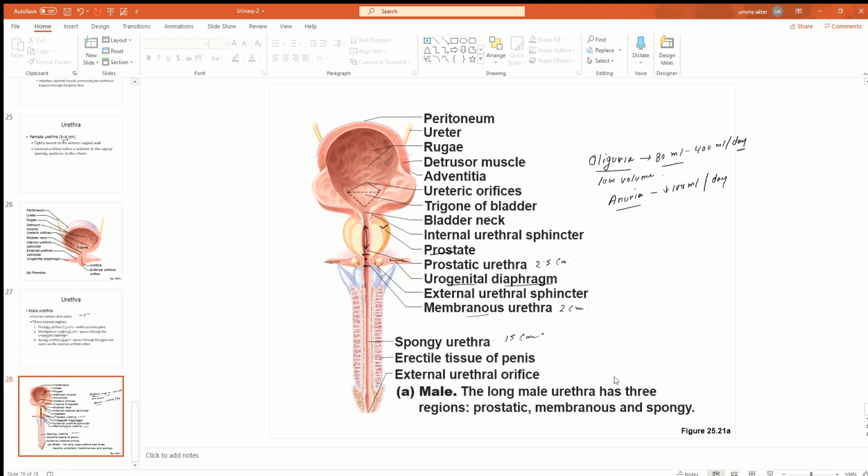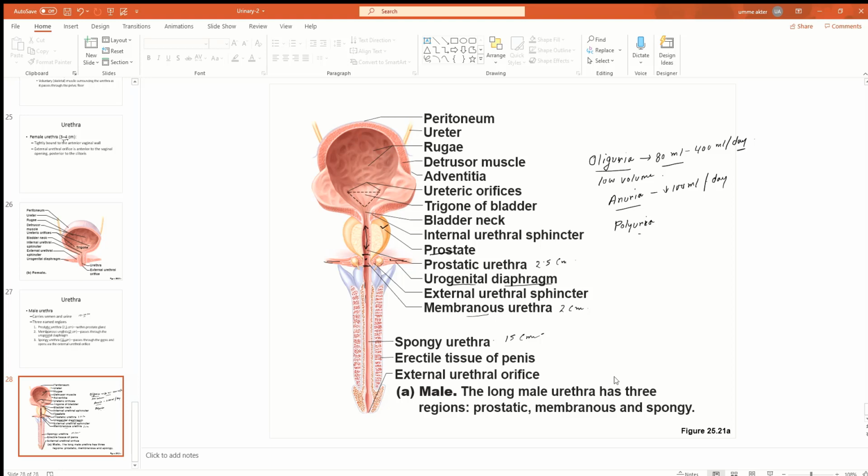Polyuria, another condition that is called polyuria. Polyuria means the amount of urine increases; an excessive or abnormally large amount of urine is produced.